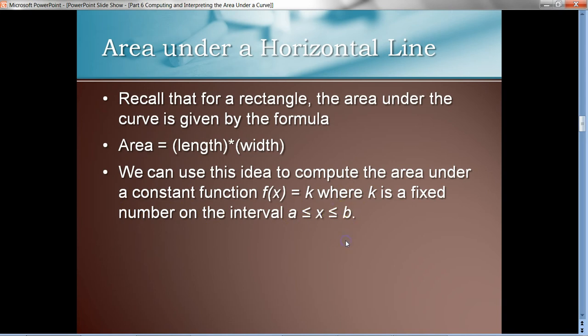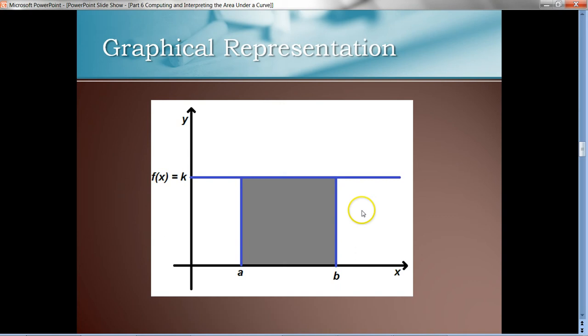All right? So let's get an idea by taking a look at a graph what this formula would be. Well, let's see here. First, we need the height of this rectangle. That's the shaded area here. From here up to here is what? k units, right? So the height is k. And then the distance between a and b, well, how would we get that?